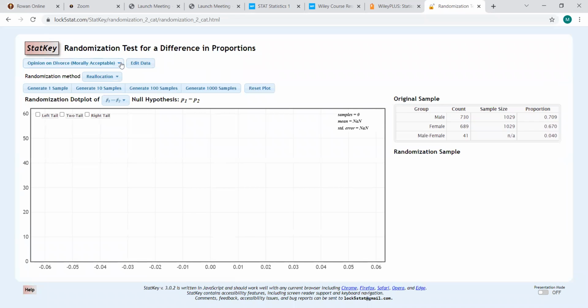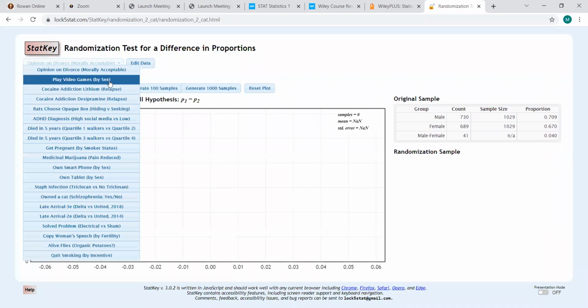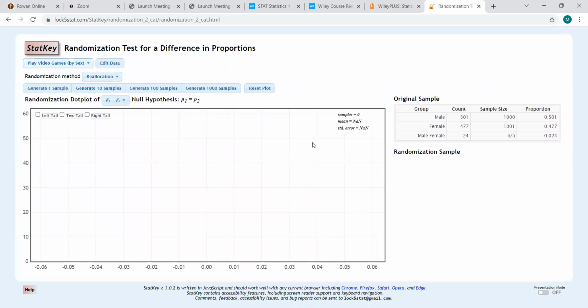And we're looking for the video game example, which is the second one. It says play video games by sex. That's the one. Here's the sample data that we just went over. Notice the difference between males and females is 0.024, difference in the proportions. 0.501 minus 0.477 is 0.024.